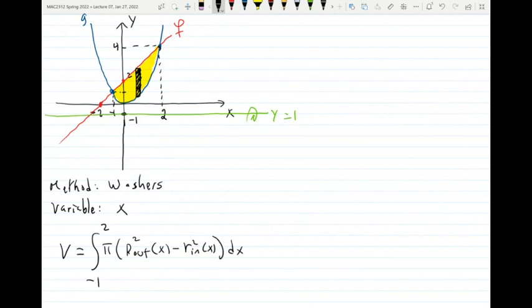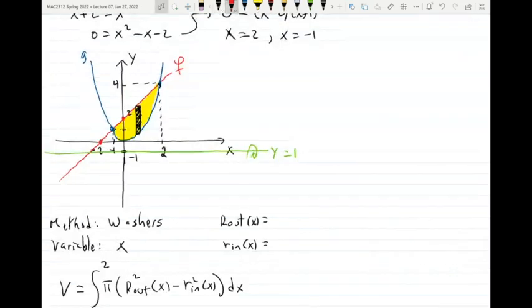So in other words, we need to figure out a formula for r out in terms of x and a formula for r in terms of x. So we should go to a picture and see what these things are. So remember, r in is this fellow over here, the gap, and then r out is all of this.